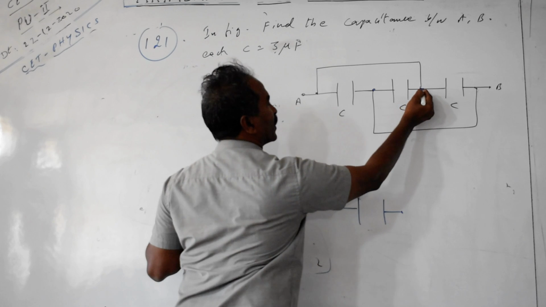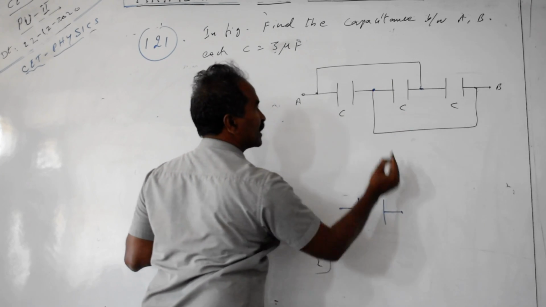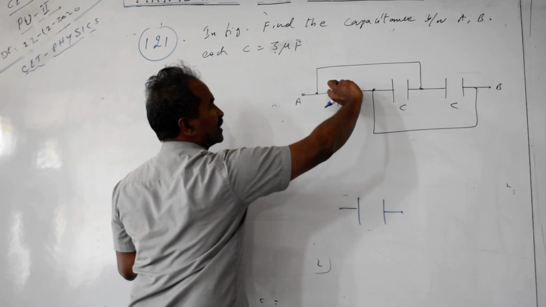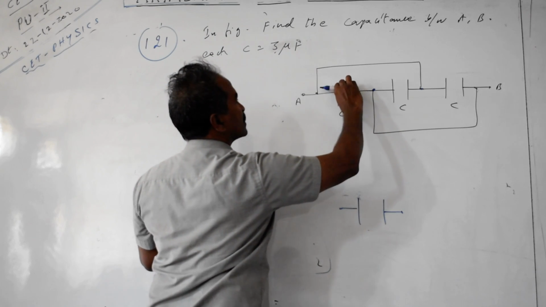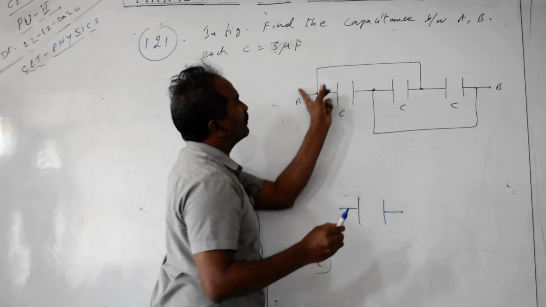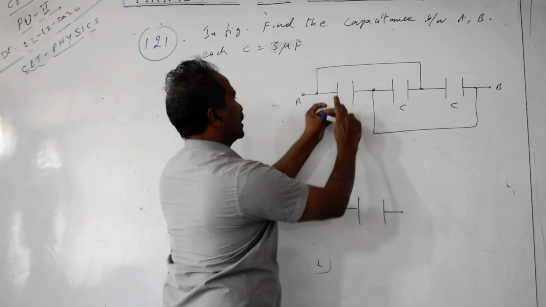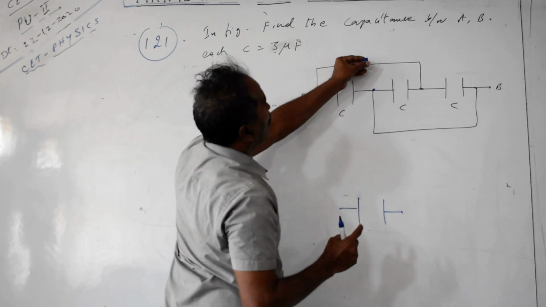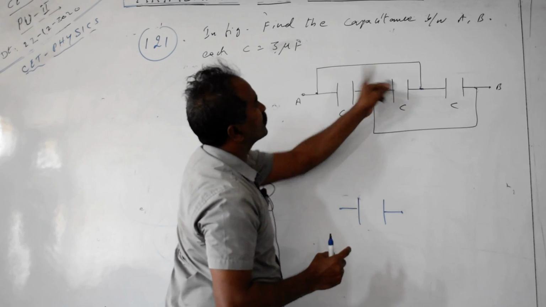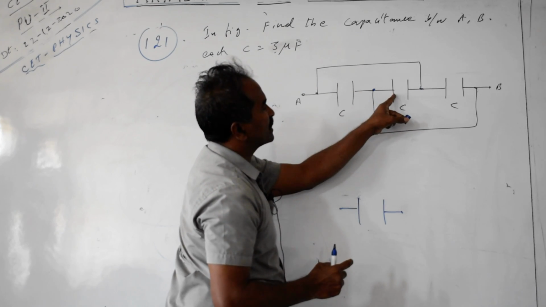This point, and then this same capacitor you are tilting like this. You are rotating like this, so that this A will go to this side. That means now I am connecting, this capacitor will be tilted and becomes like this. This plate goes to this side and this plate remains this side only.